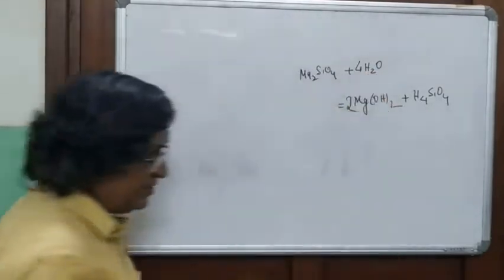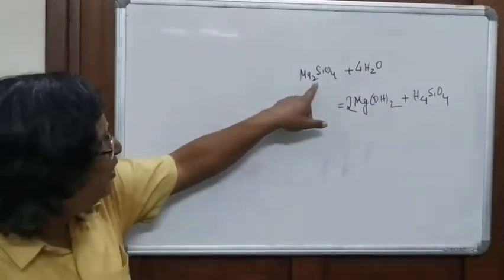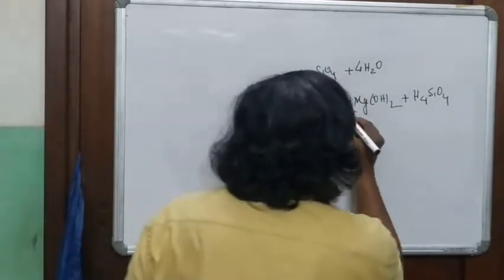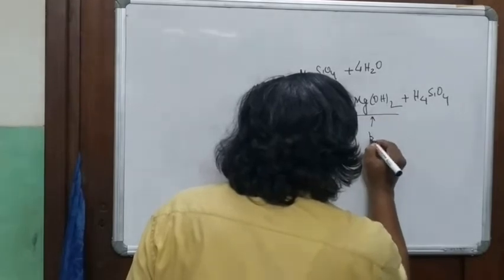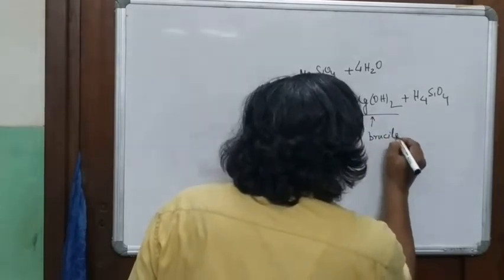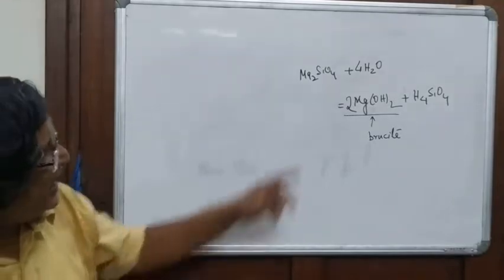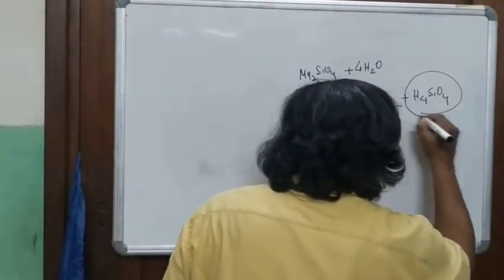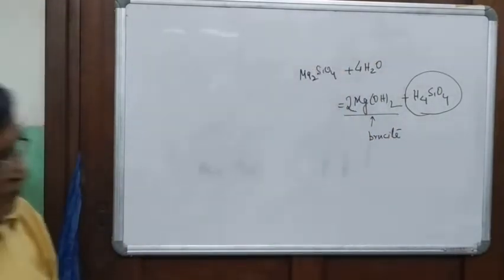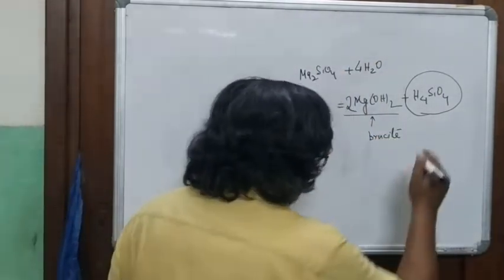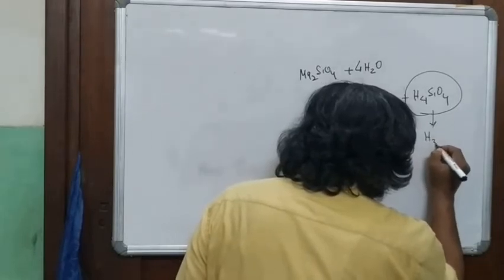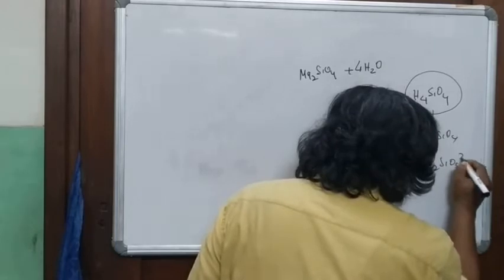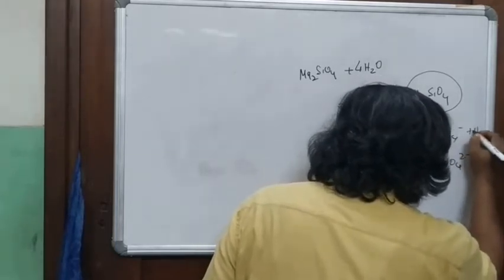So, Mg2SiO4, which is olivine, reacts with water to produce this mineral, and I don't think you know the name, it is brucite. So you produce brucite, which is magnesium hydroxide, and you produce orthosilicic acid, H4SiO4. This orthosilicic acid will now be speciated into H3SiO4 minus and H2SiO4 2 minus, plus H plus, or 2H plus.